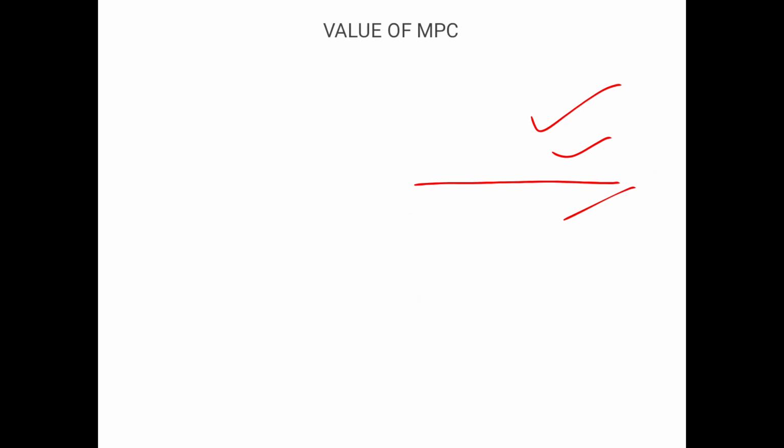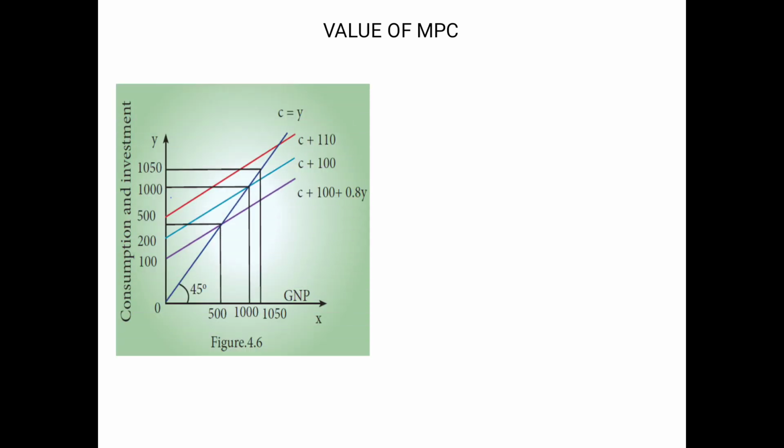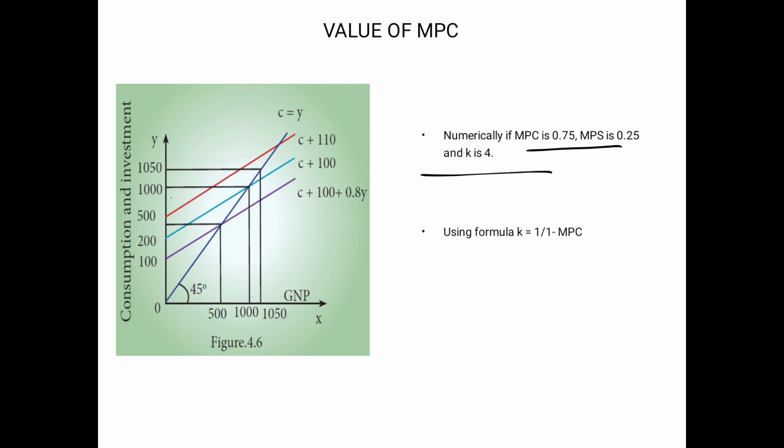So now let us see how you find the values. The first one we are going to see: what is MPC? MPC is 0.75. So what is MPS? 0.25, and they have given the value of multiplier as K. Now how did we derive K, and how did we say that K is supposed to be 4?